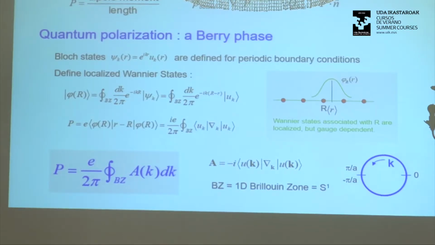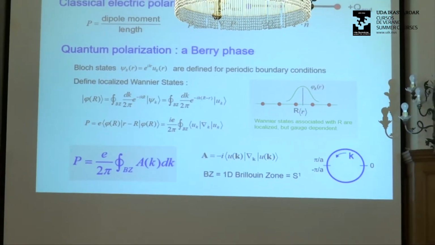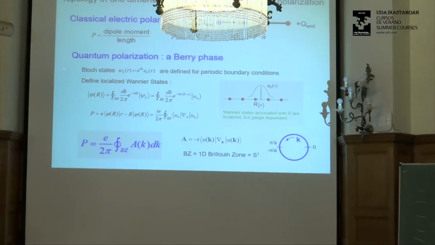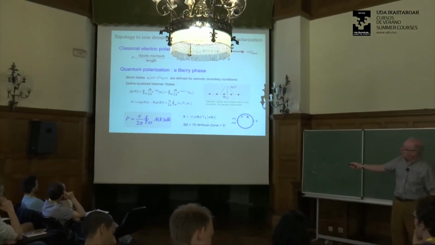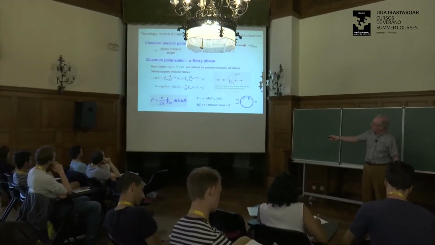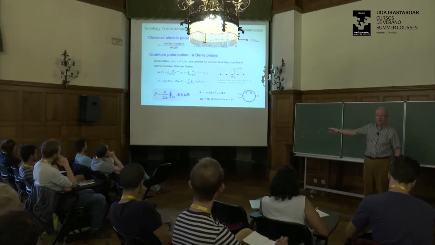But you have lots of extended states, one for every crystal momentum, and I can combine those together to form states that are localized. These states are called Wannier states. It's like doing a Fourier transform of the Bloch states, and I can define a Wannier state for every lattice vector.